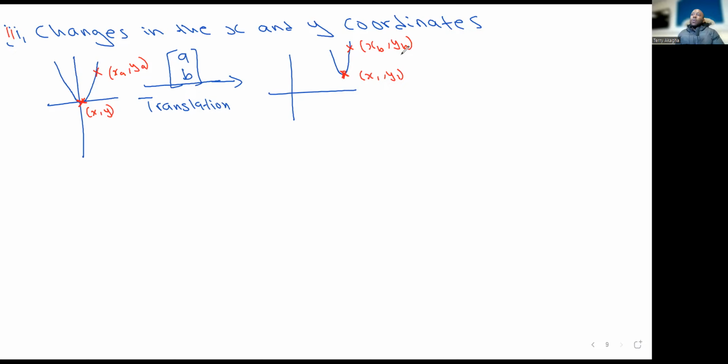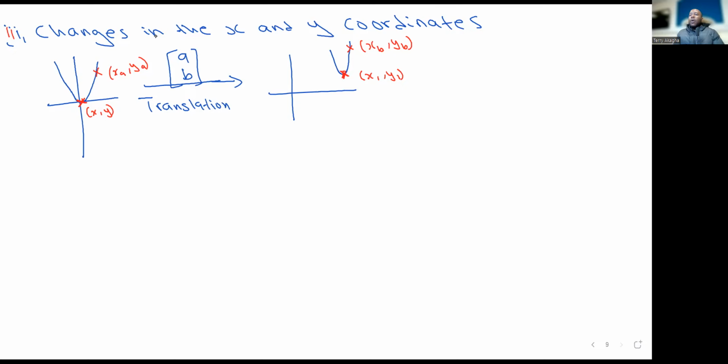So the question now is, how can we find the new translated form? What is the coordinate in the original one and what will be the coordinate in the final one? For instance, if X was 5 and Y was 4, and I went through a translation of A and B, what will be the new coordinate here? In order to do this, it's very simple. There are two things to keep in mind.